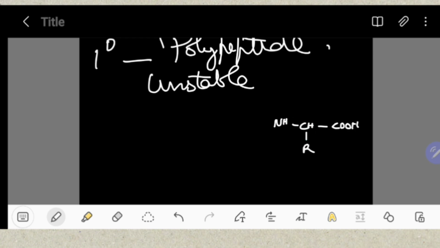And the second one provides what? An NH2 group. They do not give a CO group, an NH2 group is given.